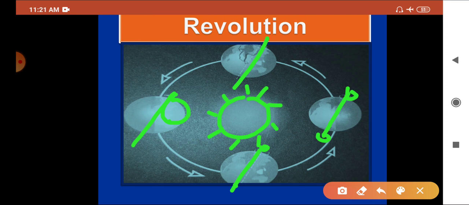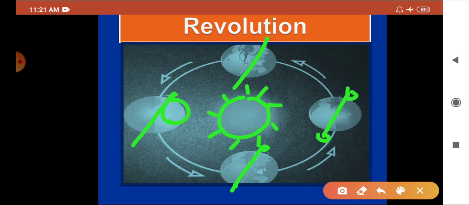This northern hemisphere has come in front of the Sun in this position on 21st June. 21st June we celebrate as the longest day in the northern hemisphere.